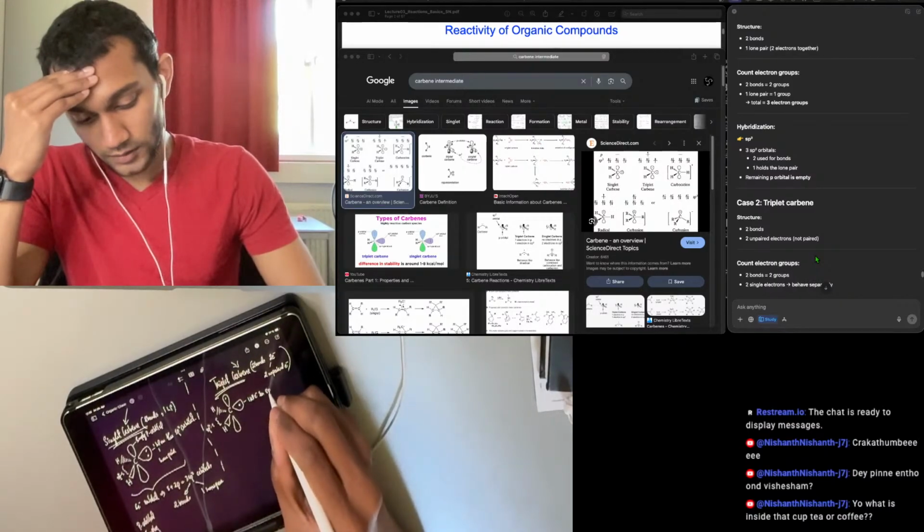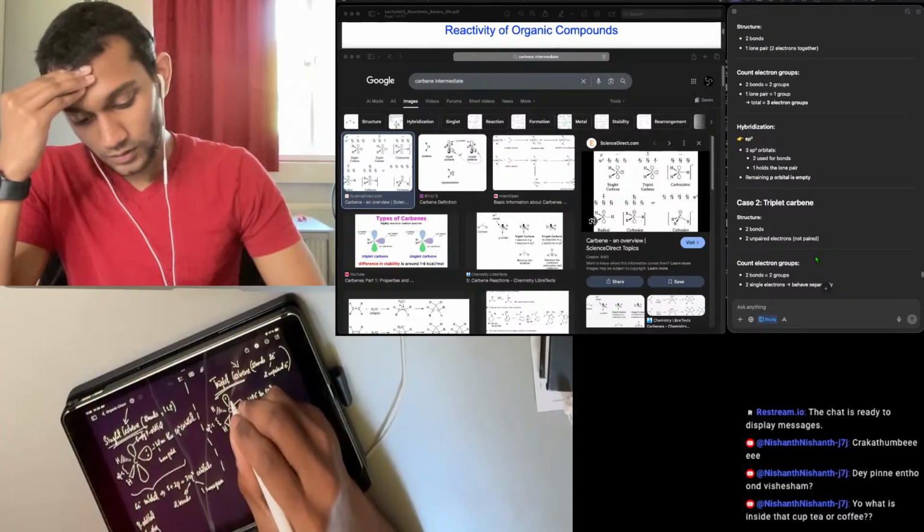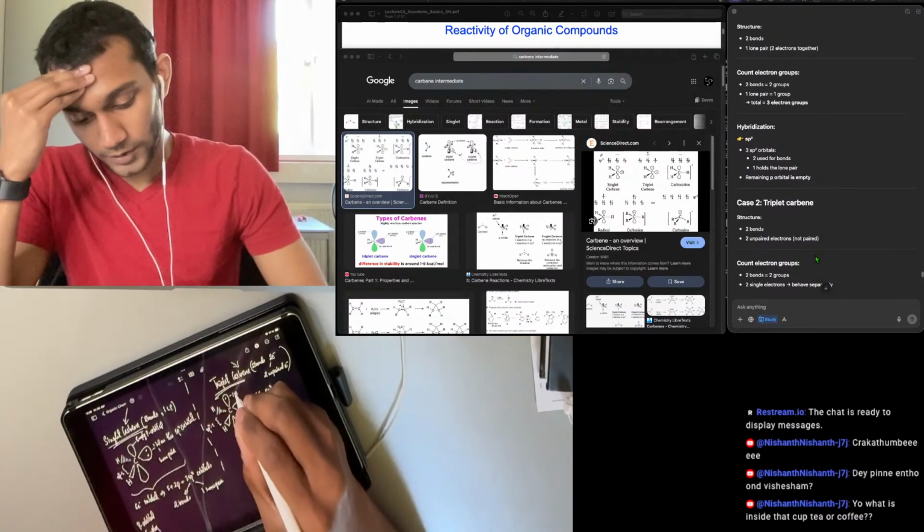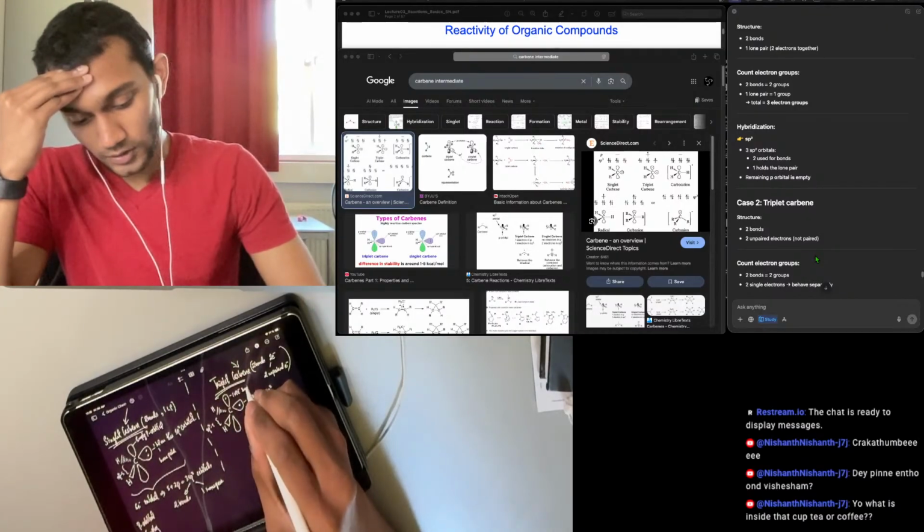In sp2, 1 unpaired electron in the p orbital.